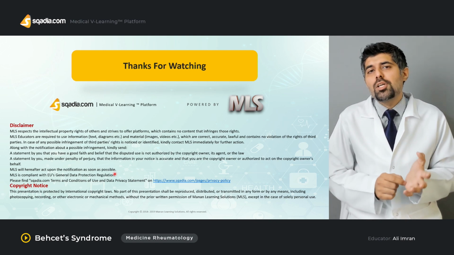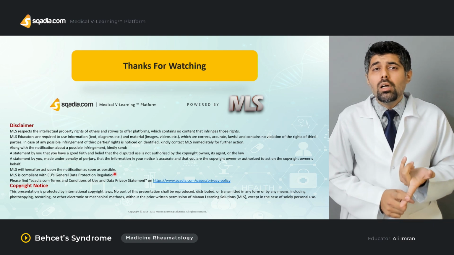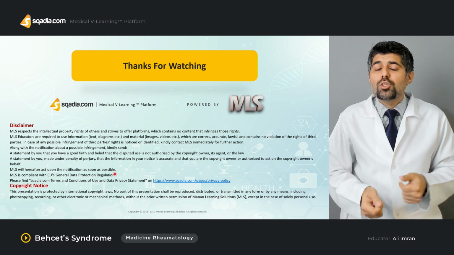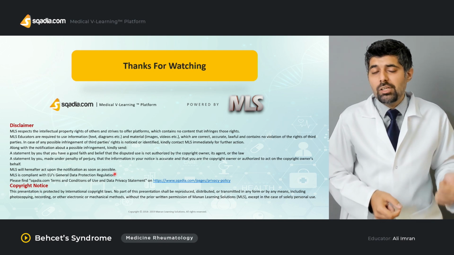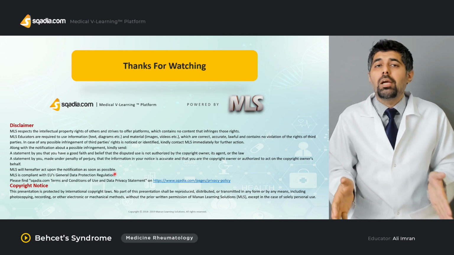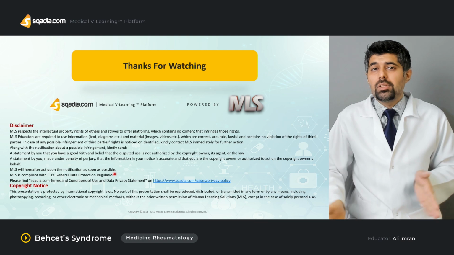But in some patients, we also get the venous and arterial manifestations, of which only the DVT is more important, because DVT can result in pulmonary embolism, which can be fatal and must be dealt with as early as possible.